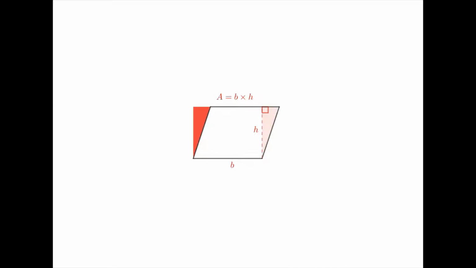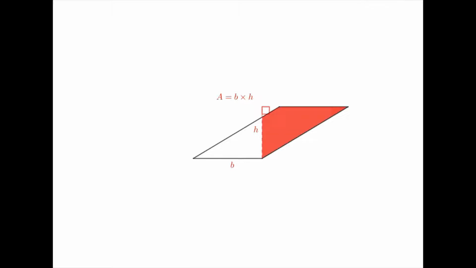So that's where that comes from. Now, you might ask, well, what happens if we really move this thing over so that it doesn't have just a triangle at the end? Well, we can go through the same process. We can take that shape, cut it off, move it over, and it's still sticking out.